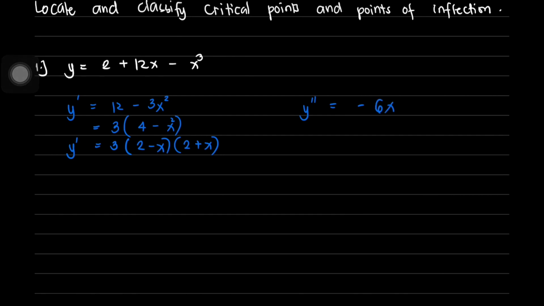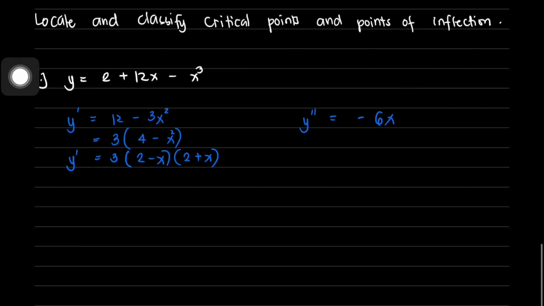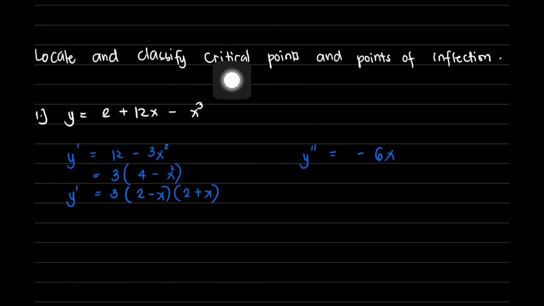The second derivative is the derivative of the first derivative, and the first derivative is the derivative of the given function, of course. So, solving for the critical points, we're going to equate y prime to 0, and solving for the points of inflection, we're going to equate y double prime to 0.